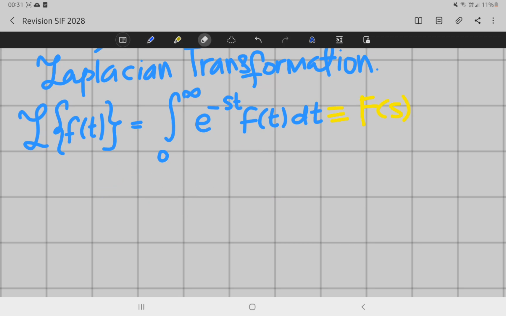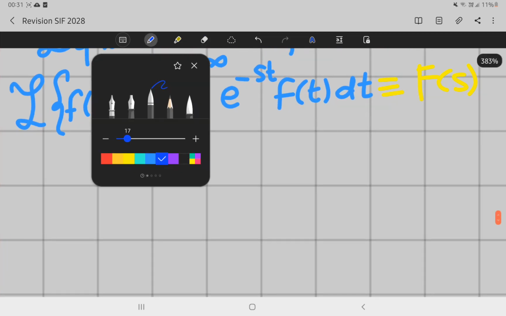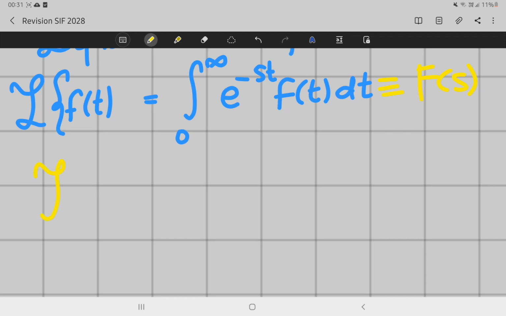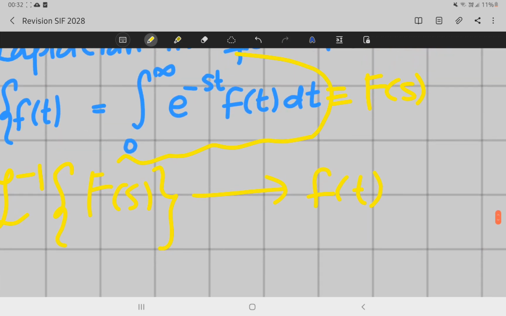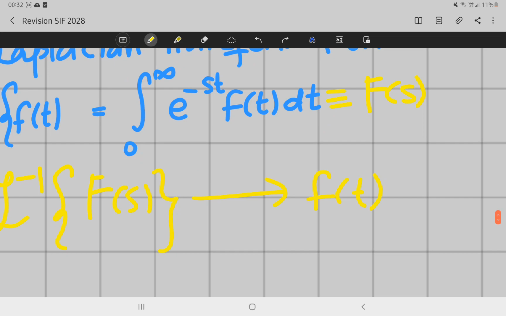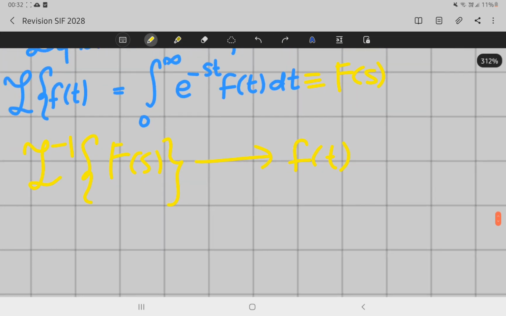For that, we need to apply the inverse Laplace transform to F of s to get f of t back. But are we going to use this same formula? The answer is no. Finding the inverse transformation is more complicated than finding the direct transformation.